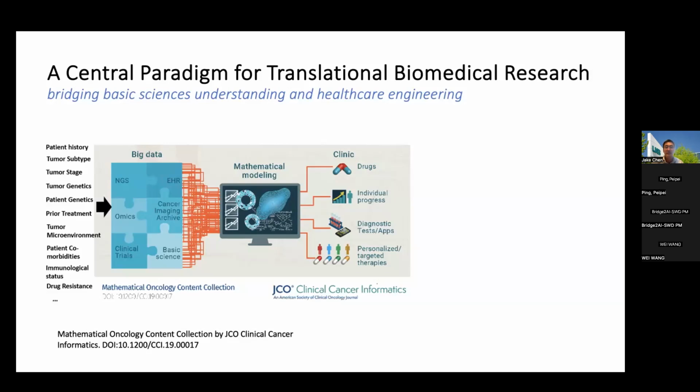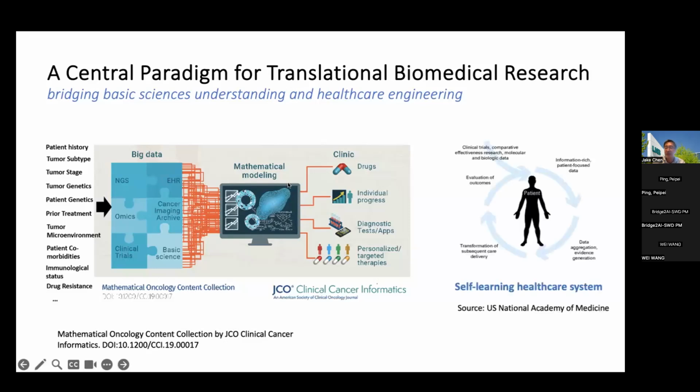So all of this information is moving from the left to the right side with the initial idea that some kind of a mathematical model would be able to help address it. And then the mathematical model is going to be imprecise. So hopefully we'll couple it with a self-learning healthcare system.